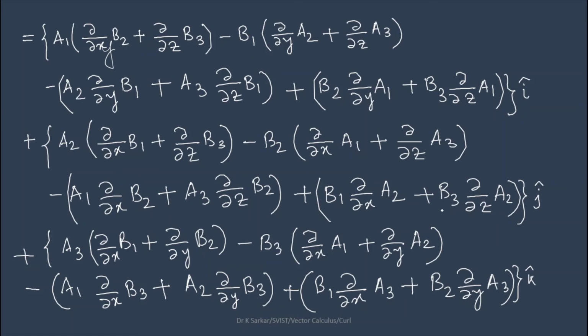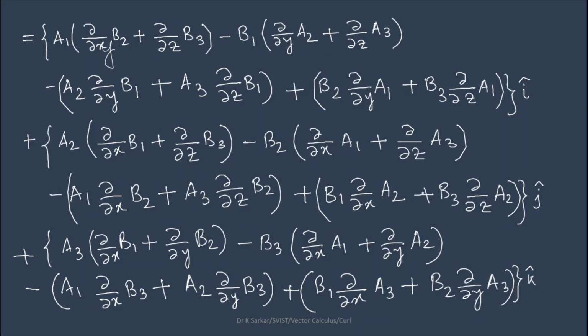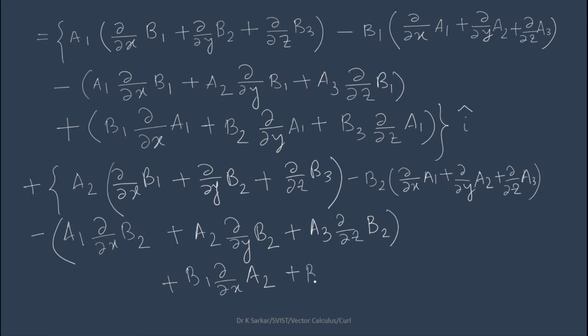So let us write plus b1 del x a2, then plus b2 del y a2, plus b3 del z a2. So all are done for j coefficients. Now we have to do the k coefficients.